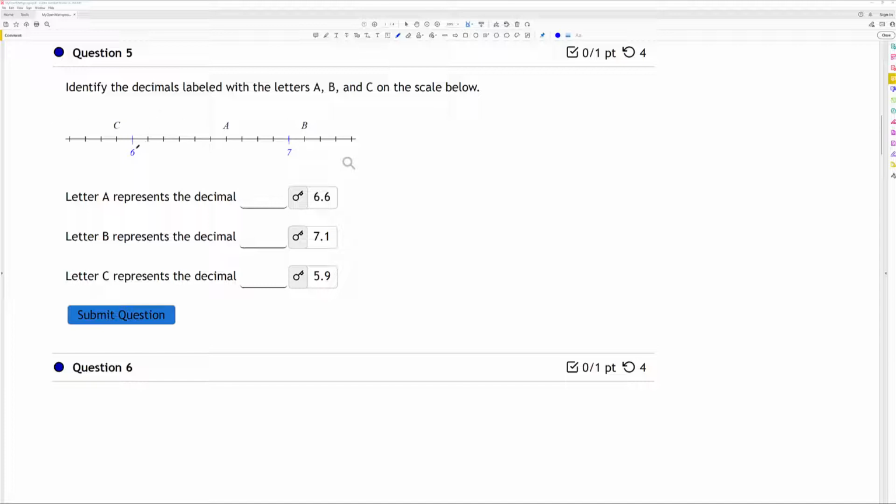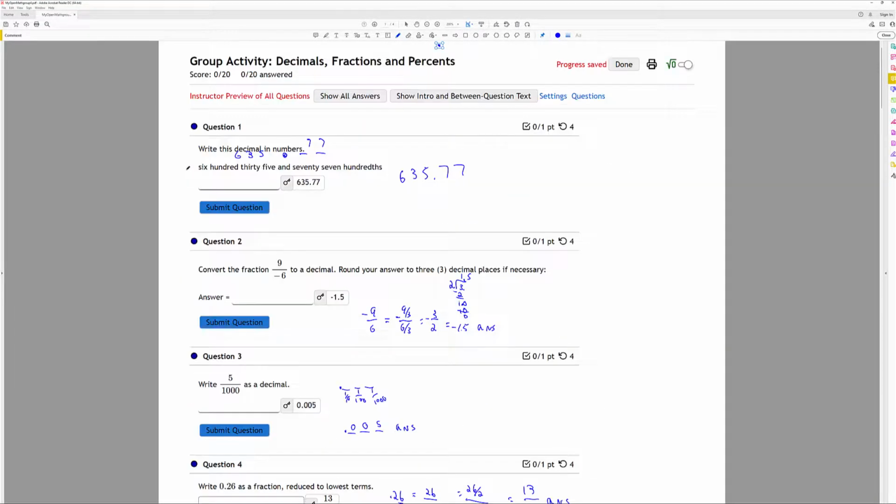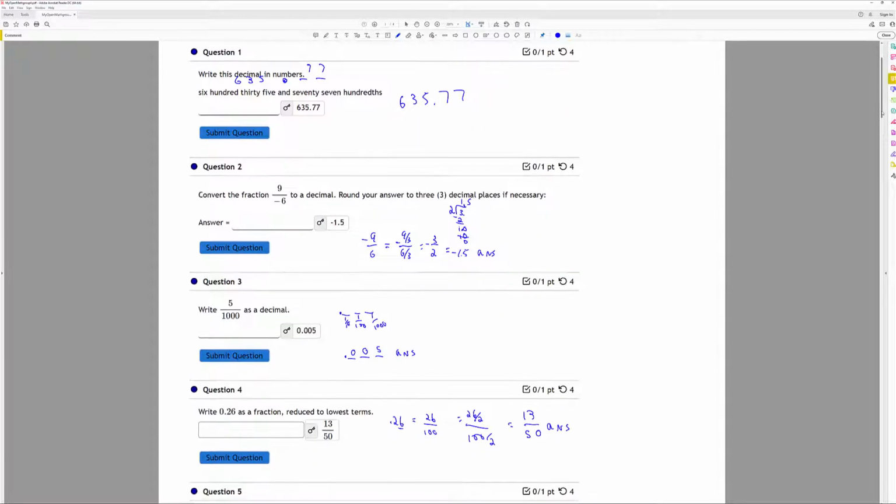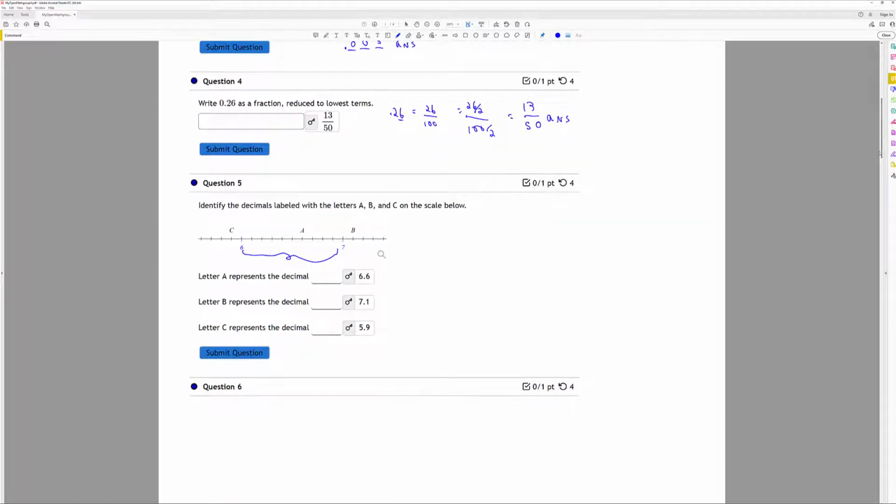So here, what I did was count the number of spaces between here and here. 1, 2, 3, 4, 5, 6, 7, 8, 9, 10. So there are 10 spaces.